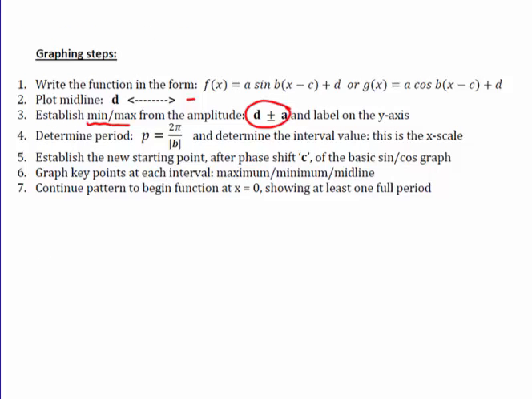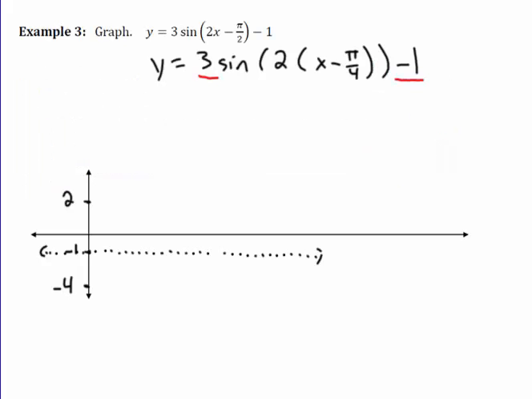Now we want to look at the period to determine the scale on the x-axis. Let's do a quick calculation here. Period is 2 pi over 2, which is just pi. So we're going to split this graph up, and we're going to call this point pi. That's our new scale, 1 period.